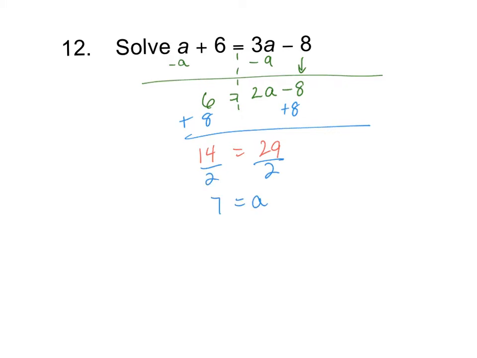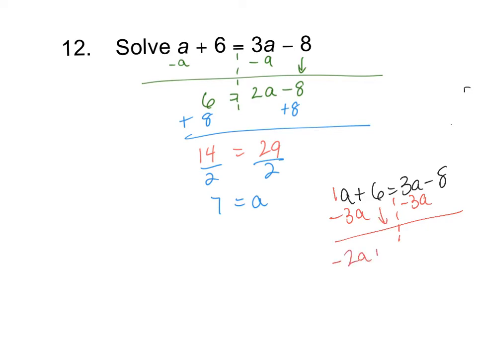Or the other way you could have done it was to look at it from the very beginning. If you wanted to, instead of subtract a, let's say you wanted to bring the 3a over here, you just have to be careful because it means 1a minus 3a is negative 2a plus 6 is equal to negative 8.